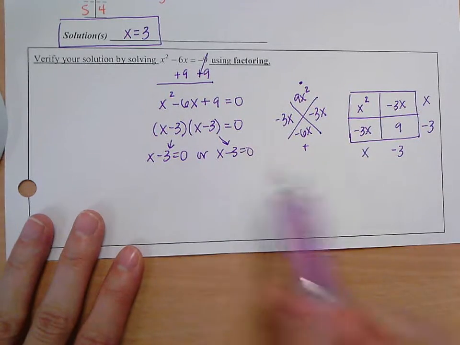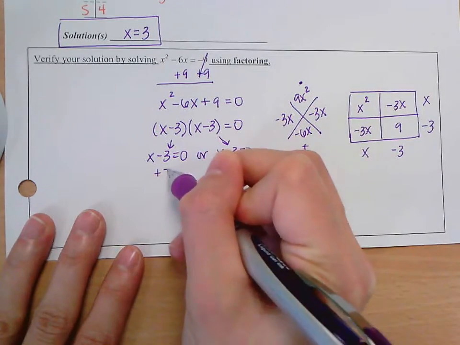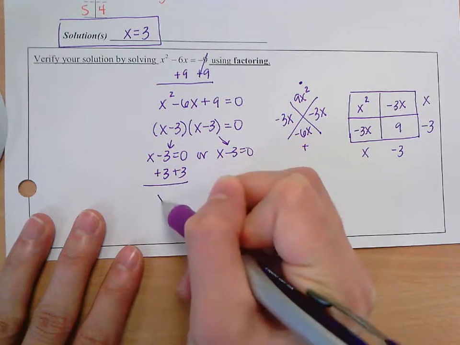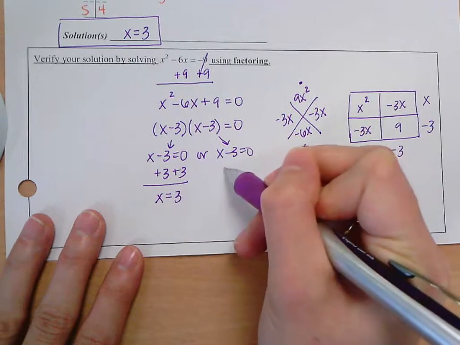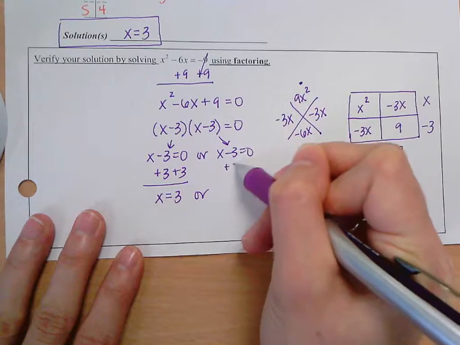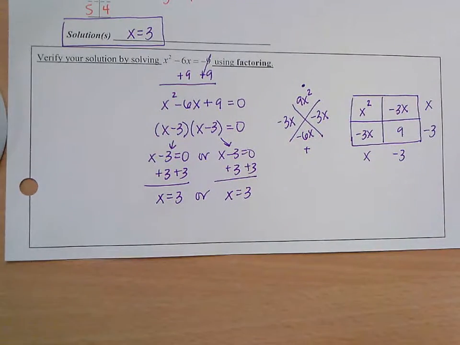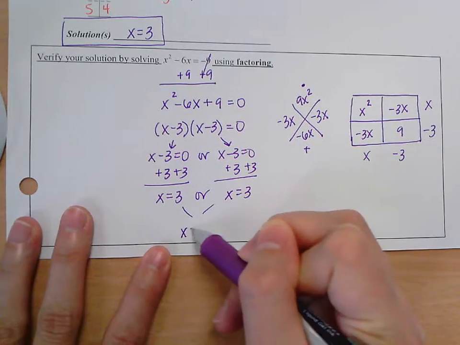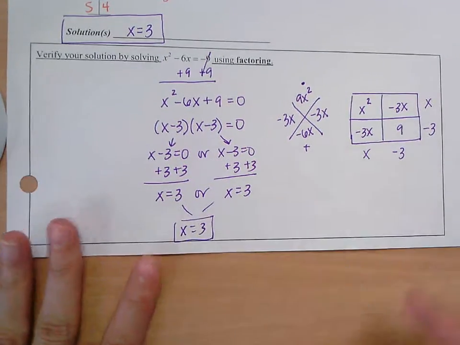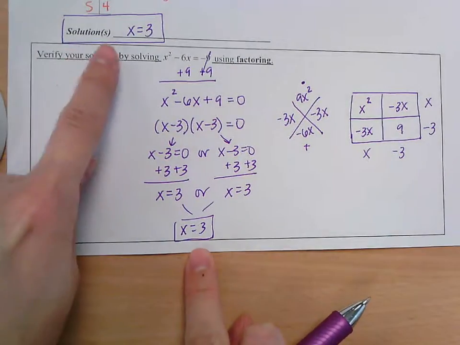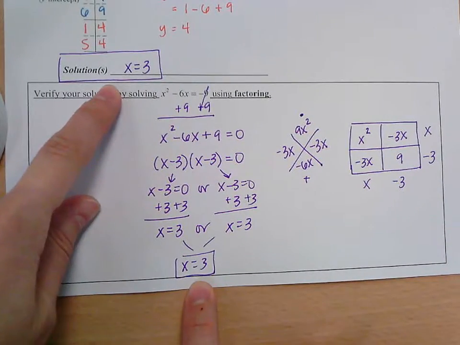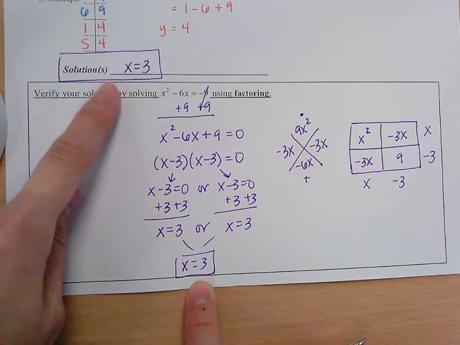Now, notice they're both the same. So when I add 3 to solve, I'm doing that for both. So I get x equals 3 or x equals 3. They're the exact same thing. So it's just x equals 3. They're not different. And that is verifying my graph that I only got one solution.